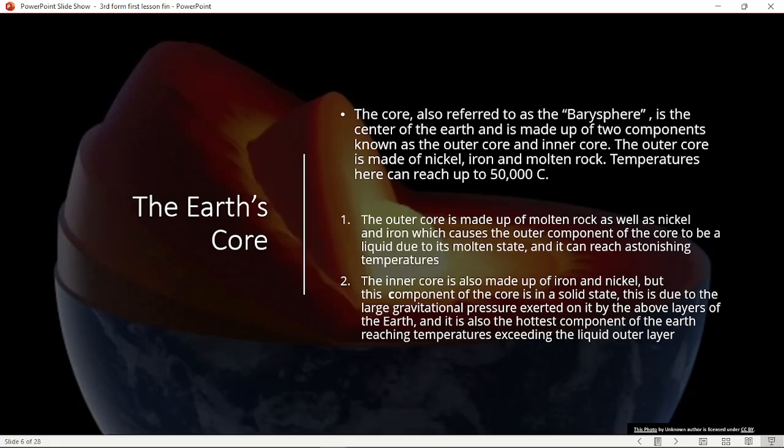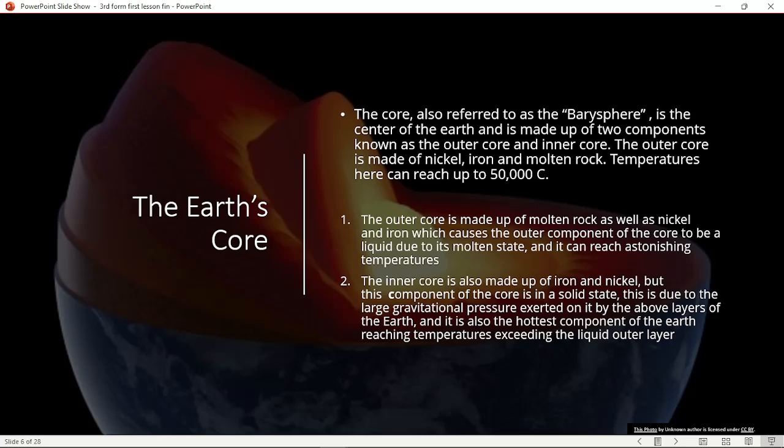The Earth's core. The core is referred to as the barysphere, and this is the center of the Earth and is made up of two separate components, as we mentioned earlier. And these are the outer core and the inner core. The outer core is made up of nickel, iron, and molten rock, and they reach temperatures up to 5,000 degrees Celsius, and that's a crazy high temperature.